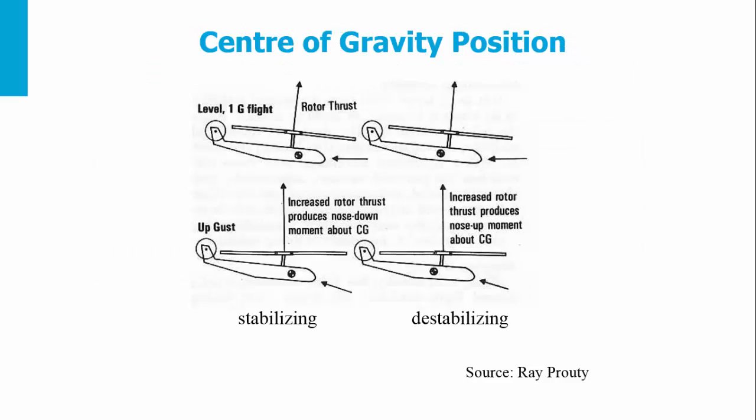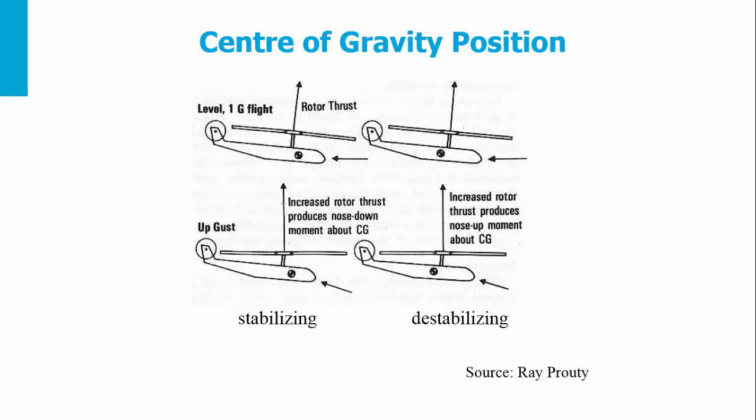Also, remember that the center of gravity position is very important for the static stability. Generally, a forward CG is stabilizing, while an aft CG is destabilizing. Why? For example, on the left-hand side, you fly forward in level 1G flight.